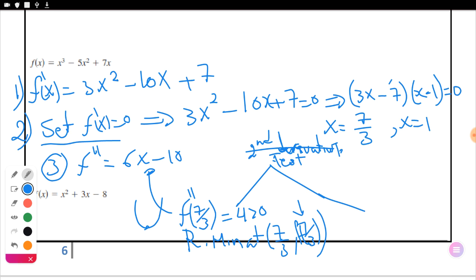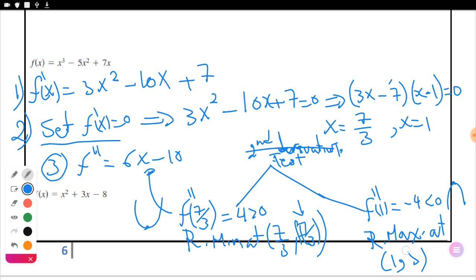Here at x equal 1, find the second derivative at 1. It will be negative 4. Less than 0, it means concave downward. So we have a relative maximum at 1, and f of 1, I can do it mentally, but the other one you need the calculator: 1 and 3.